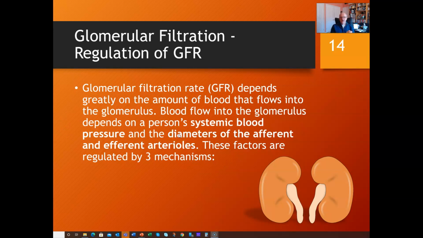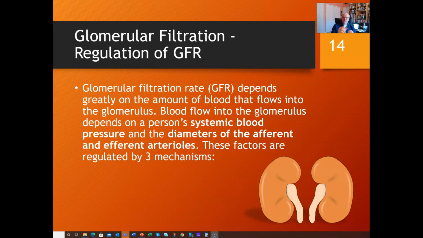You've got the blood going in through the afferent arteriole, your blood coming out through the efferent arteriole, and your blood pressure. So you can adjust the blood pressure, or you can adjust the diameter of the afferent arteriole. If you narrow that down, you're going to let less in. If you widen it up, you're going to let more in.